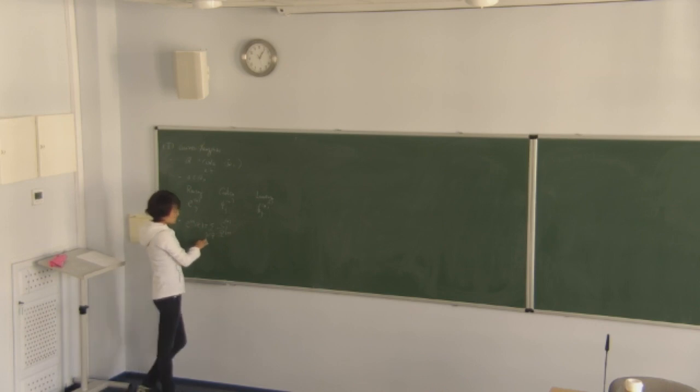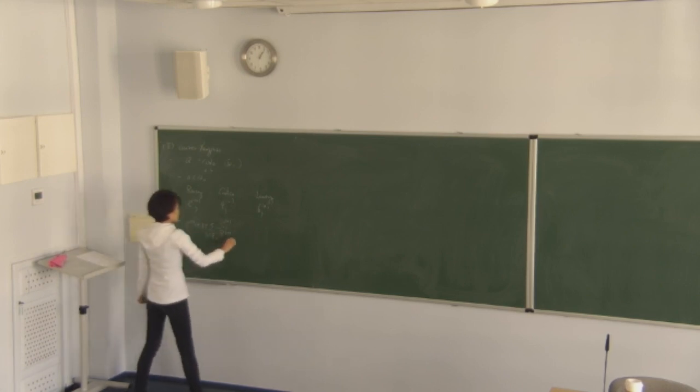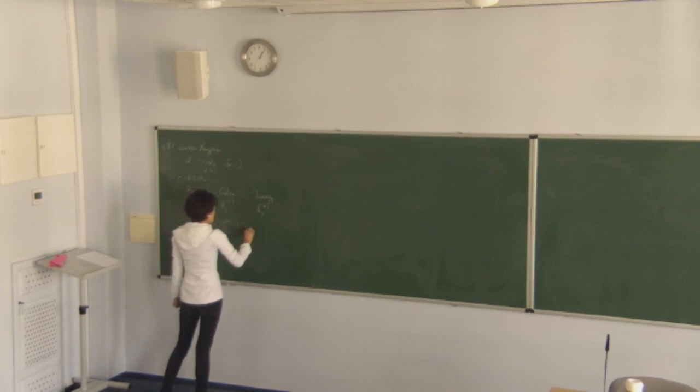A priori, this j can take all the integers. But as we'll see later, for the e, this is actually just positive integers, for the psi, for the Cartan.